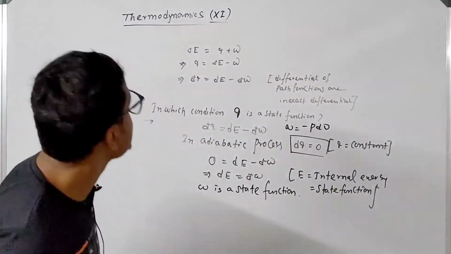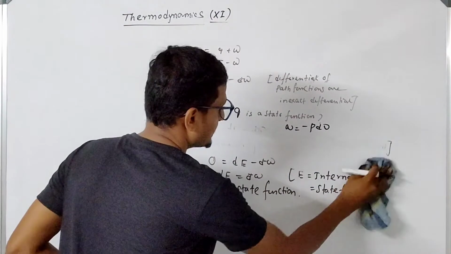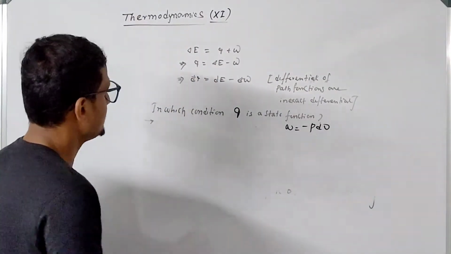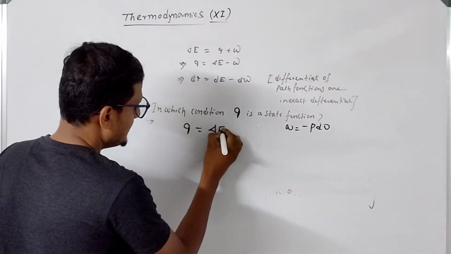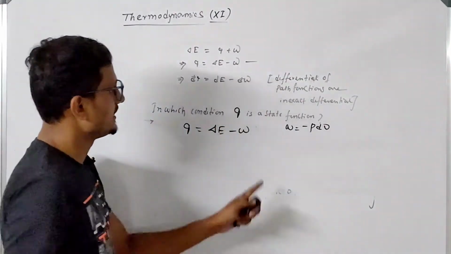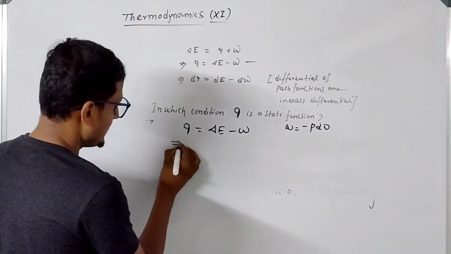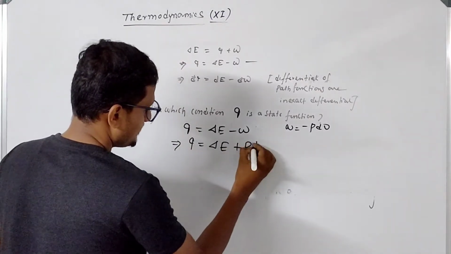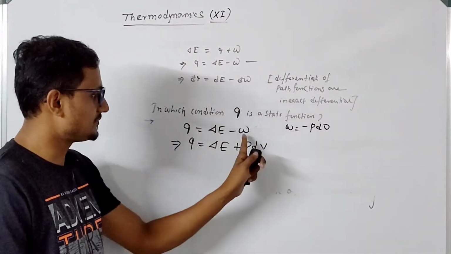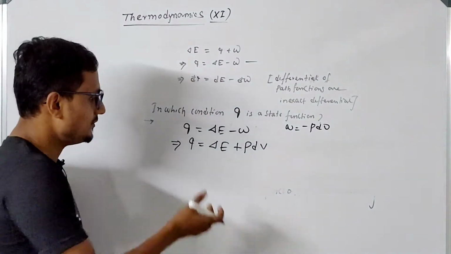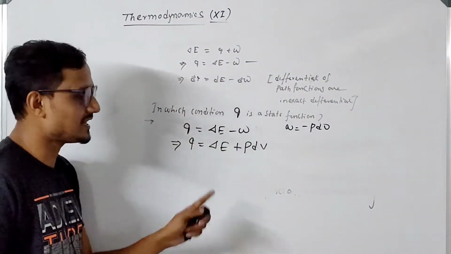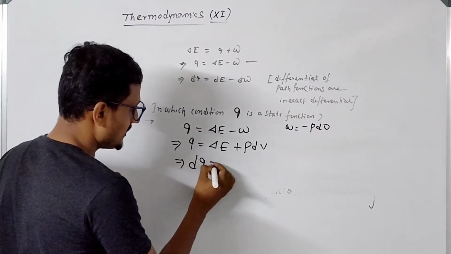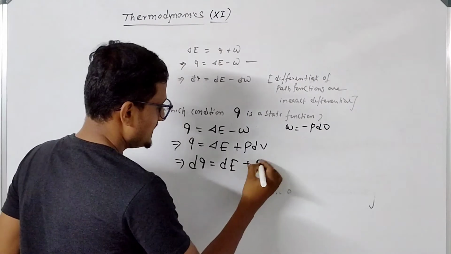So we can start from the first law, that del E equal Q plus W, that is Q equal del E minus W. So here Q equal del E plus PdV. Instead of W we have written minus PdV. Now if the parameters are infinitely small, then this will change to dq equal dE plus PdV.